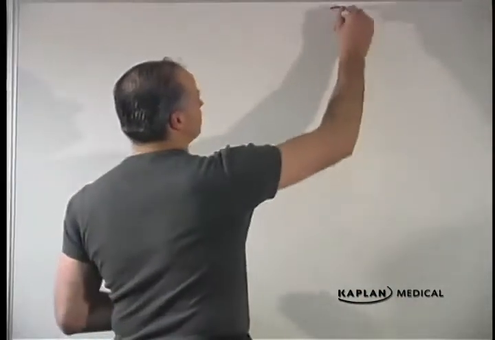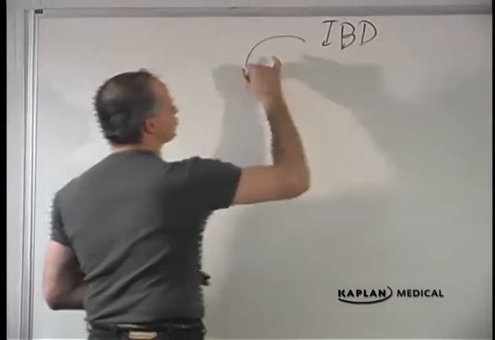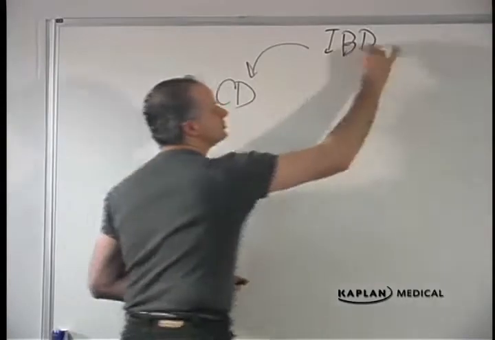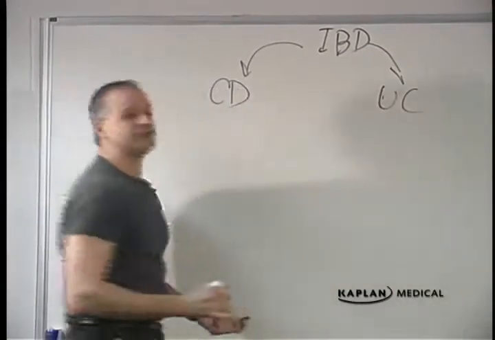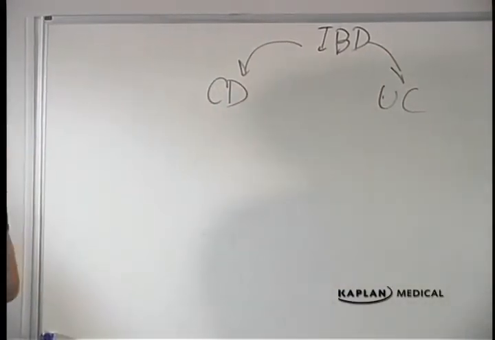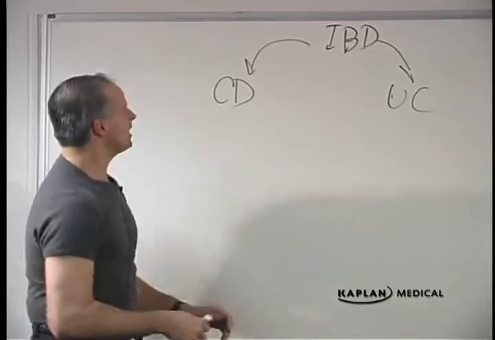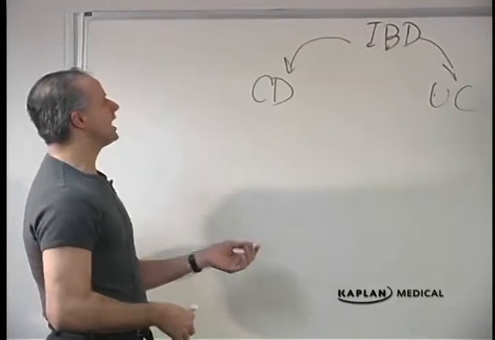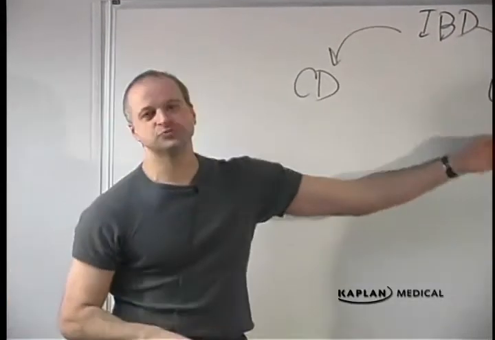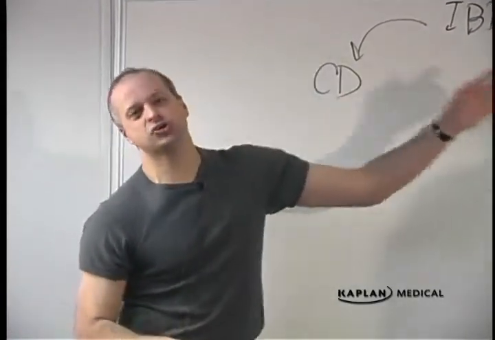Inflammatory bowel disease. Both forms, Crohn's disease and ulcerative colitis, have a lot in common. They're both idiopathic disorders that cause inflammation of your bowels. In medical school, they tell us a lot about whether it's transmural or mucosal, granulomas or no granulomas.